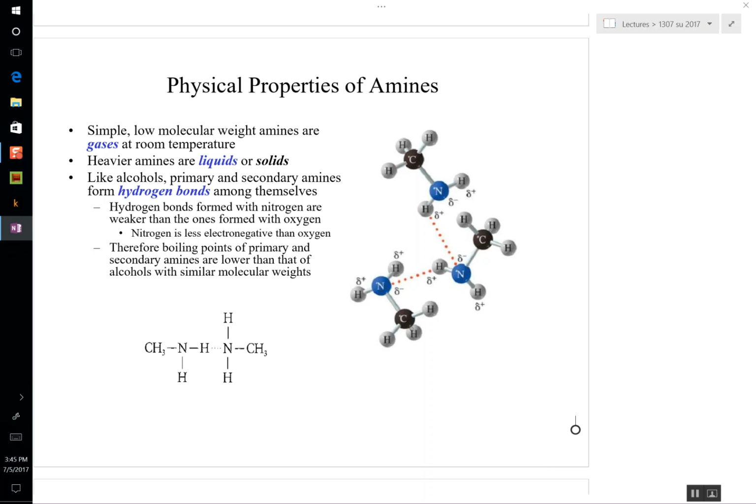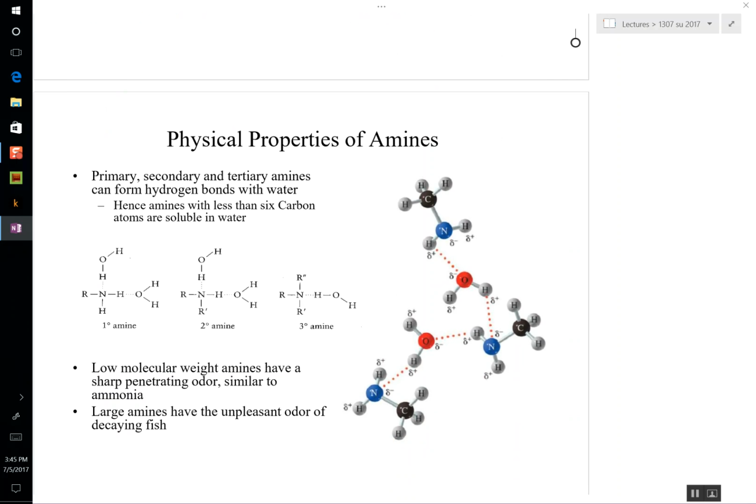The hydrogen is going to be the positive. So you can get hydrogen bonding between a nitrogen and an oxygen, and between a hydrogen and a nitrogen. Their boiling points are going to be higher than a simple alkane, but lower than an alcohol.